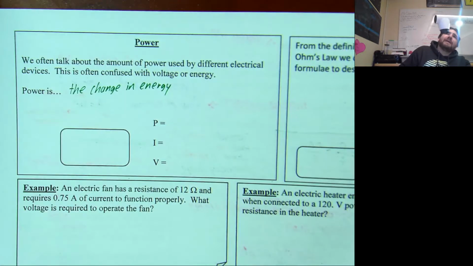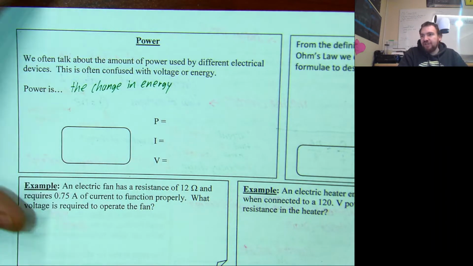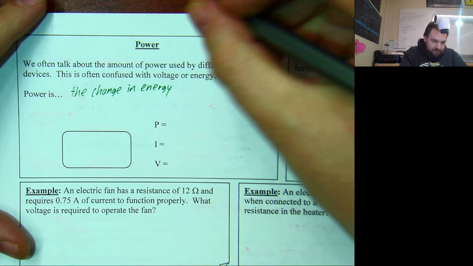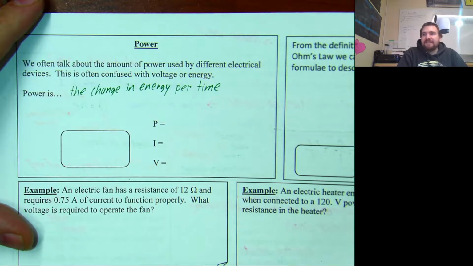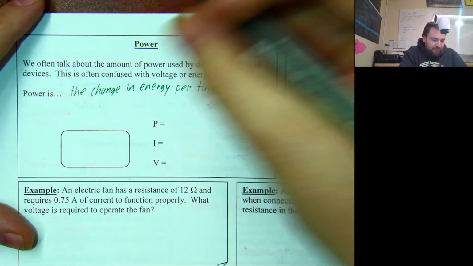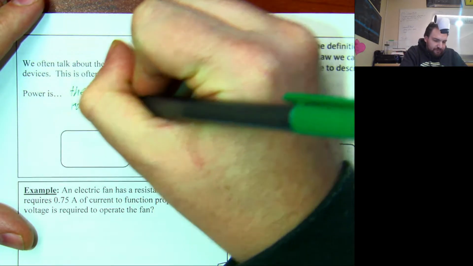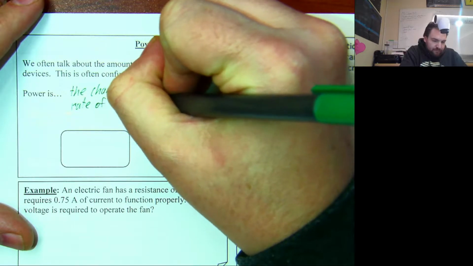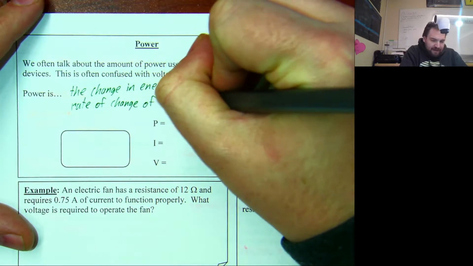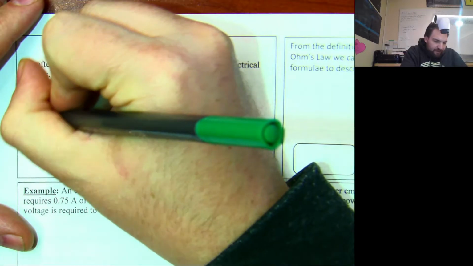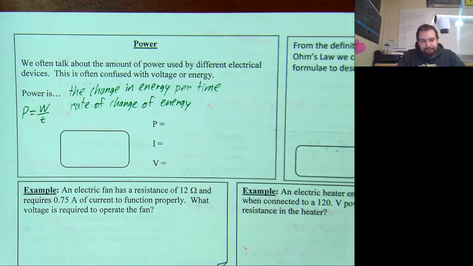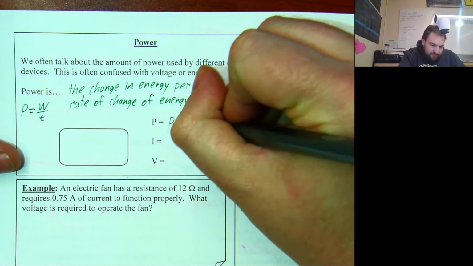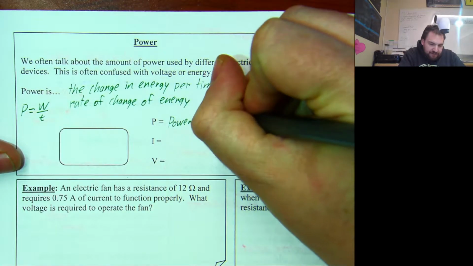Power is the change in energy per time. Sometimes the language you see is the rate of change of energy. And as we already said, we called it P equals W over T once upon a time. P was power. We measured it in watts.